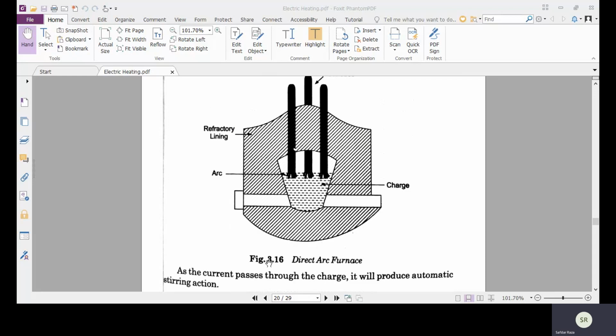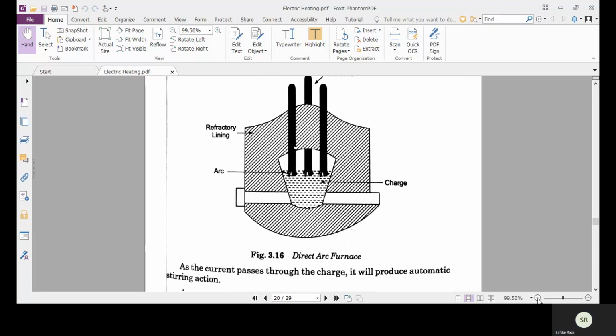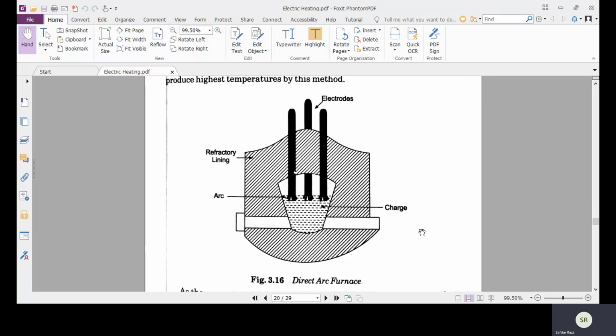In the figure you can easily see the direct arc furnace. In the direct arc furnace there is a refractory lining. These three rods are basically the electrodes.